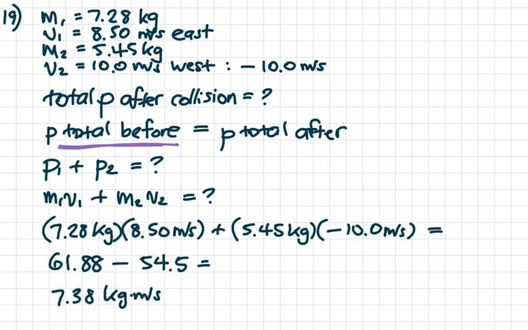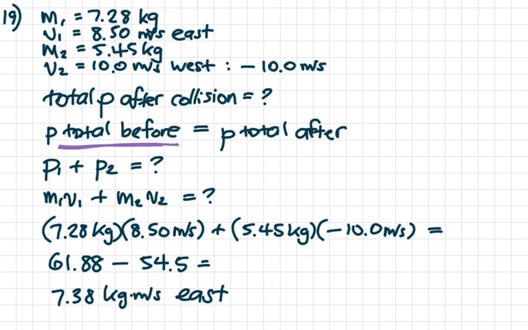When you work the numbers out, you get 61.88 minus 54.5, which is 7.38 kilogram meters per second, because that's the unit for momentum. And since the answer came out as positive, and we're calling the eastward direction positive, then that would also be an eastward momentum.